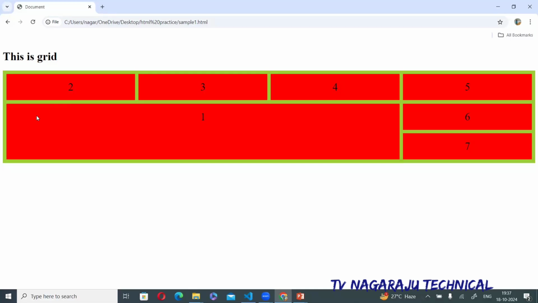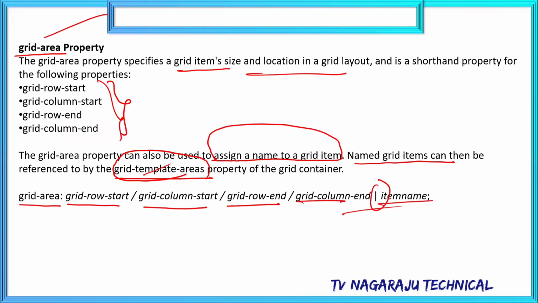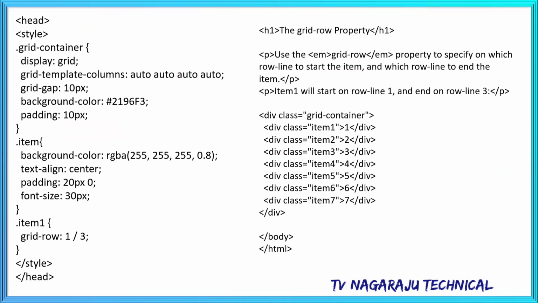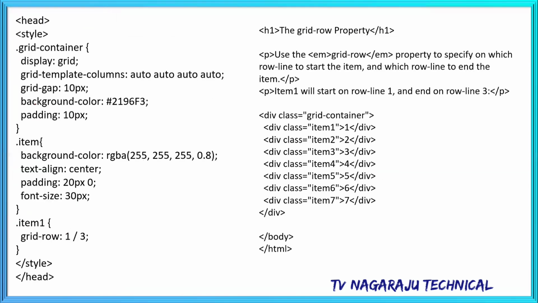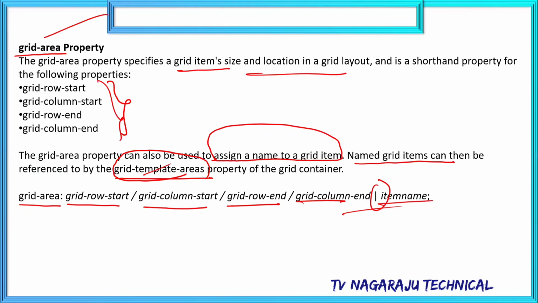See, this is column number 1, 1, 2, 3. So here I am spanning 3 columns. This is grid area. Previously with grid column and grid row, instead of writing each and every one separately, I am using this single one. This single one gives the entire details.